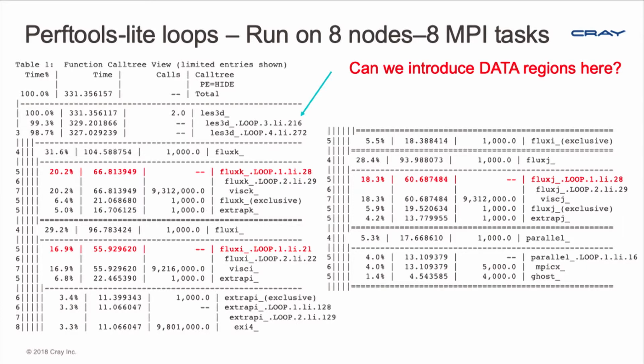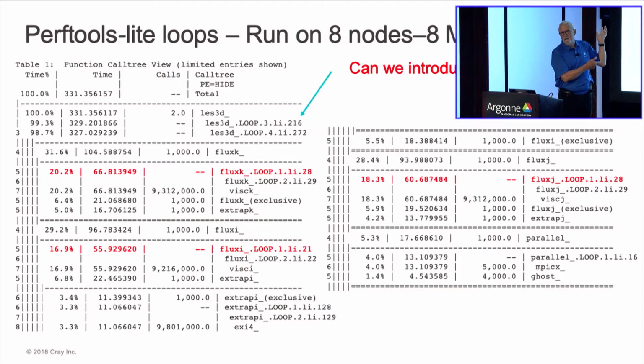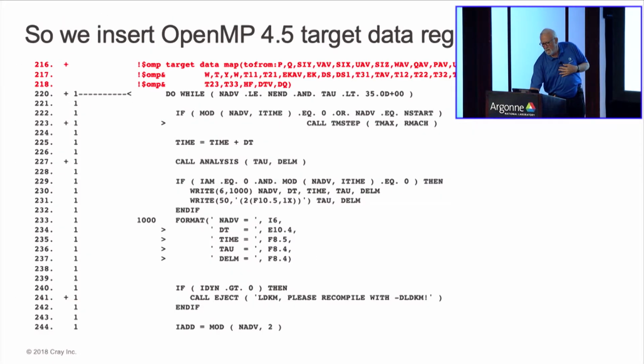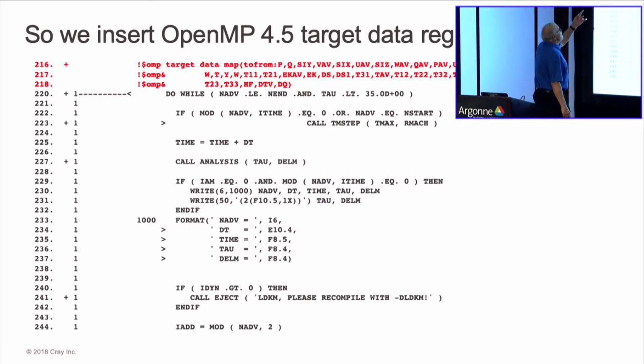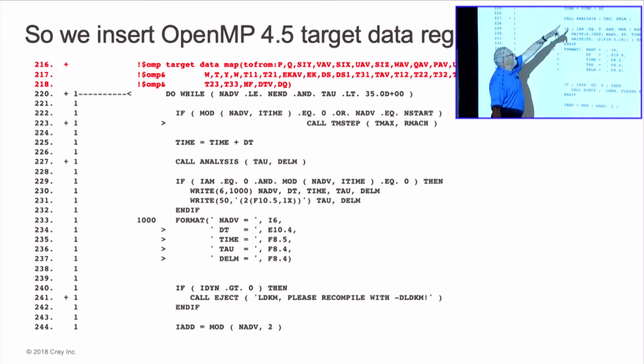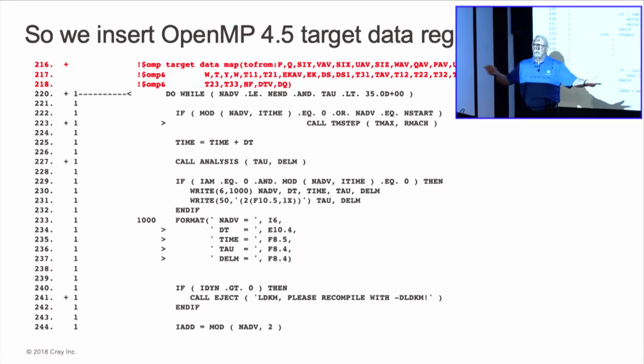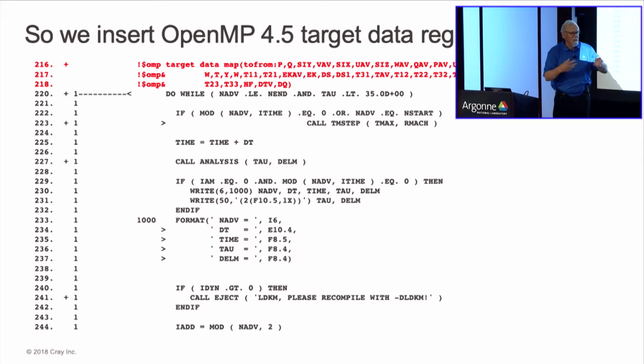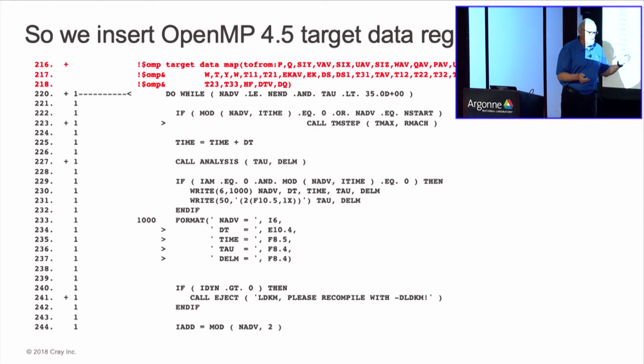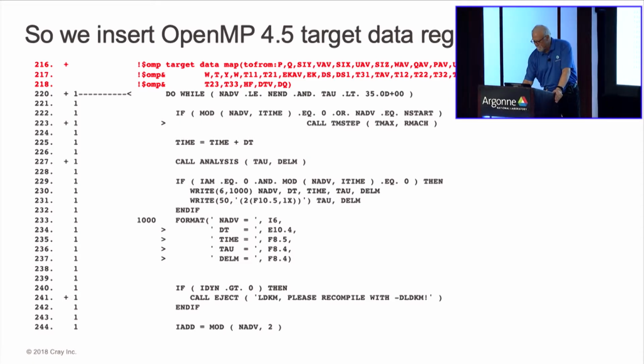Well, it's right here. This call chain is beautiful because it pretty much tells you where you should stick the data for the GPU. And so I do a target data map, and it's going to copy everything over and everything back. I didn't really investigate if it needed to do everything back.